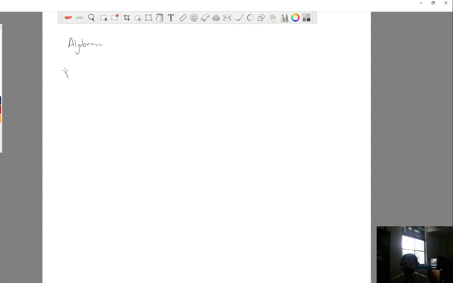So maybe your vector v1 is given by, let's say, 15 grams, comma, 45 degrees. And then maybe your next vector, v2, can be given by 25 grams, comma, maybe this one is in the 120 degree direction, for example.